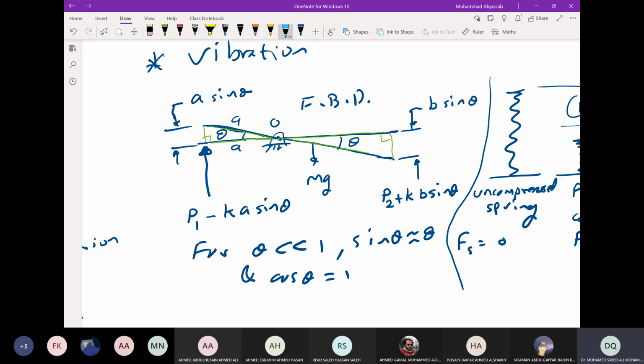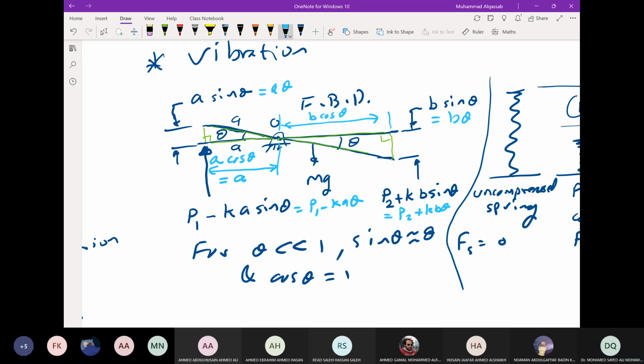So this will reduce to A theta, and this will reduce to B theta, and this force becomes P1 minus KA theta, and this force becomes P2 plus KB theta. The distance here is A cosine theta, which becomes A, and this distance B cosine theta becomes B, with the assumption we are making.